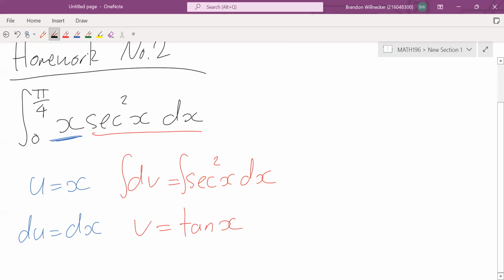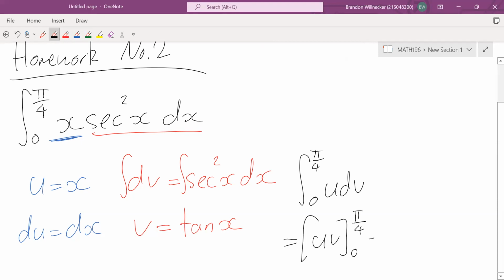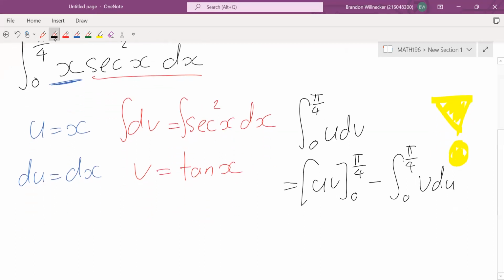Now, remember, the integral from 0 to pi/4 of u dv is equal to uv from 0 to pi/4 minus the integral from 0 to pi/4 of v du. That's our formula for integration by parts. So let's use that.